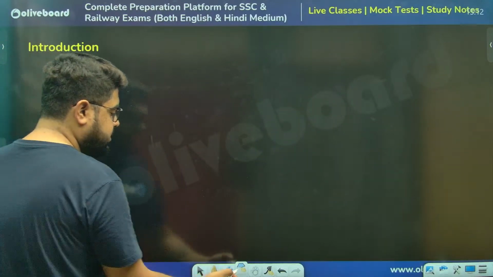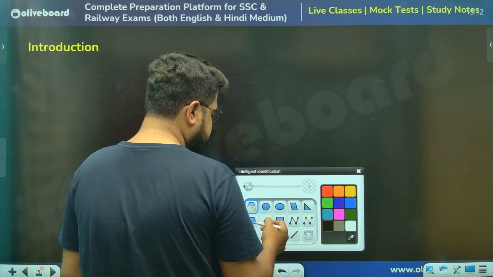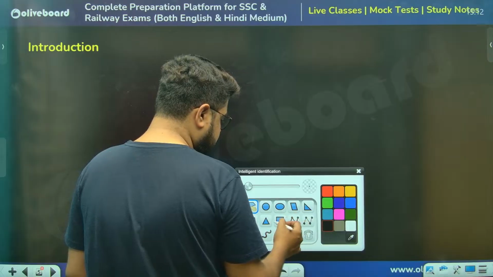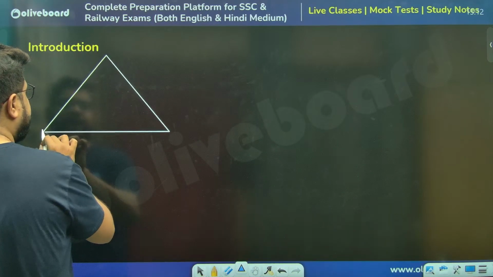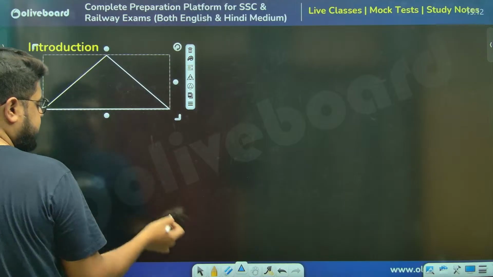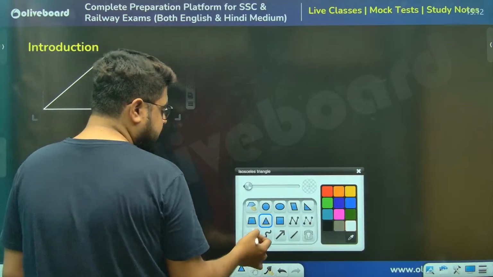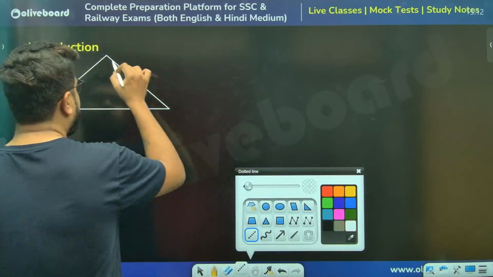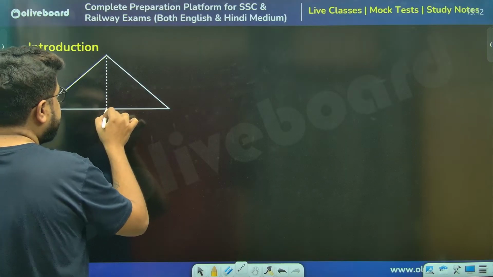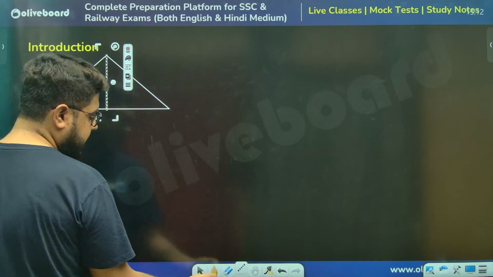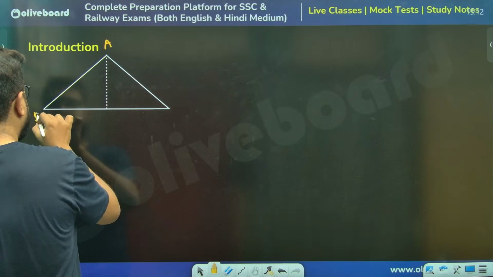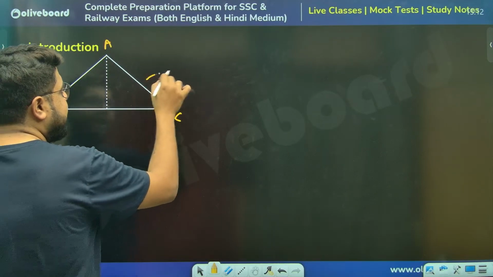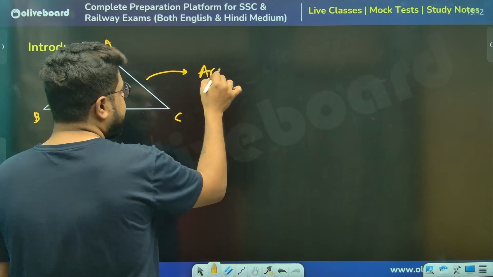Before I go into the equilateral triangle, let's understand this. For any triangle such as this one, say this is ABC, you need the area.